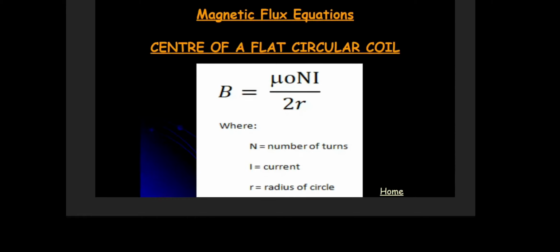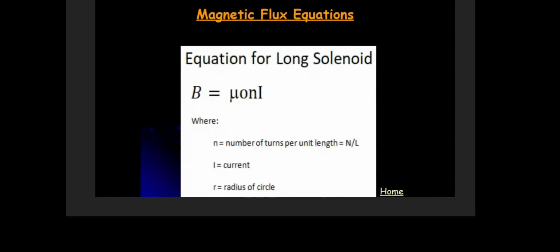All right, so the capital N represents the number of turns in the solenoid. And if we want to use the other one, the small n represents the number of turns per length of the solenoid.